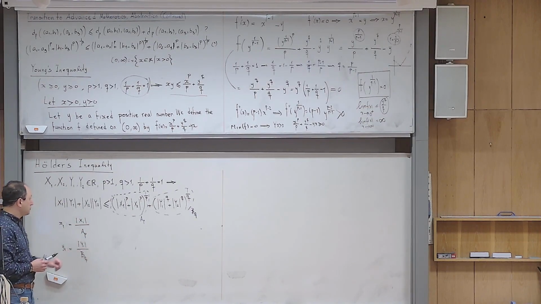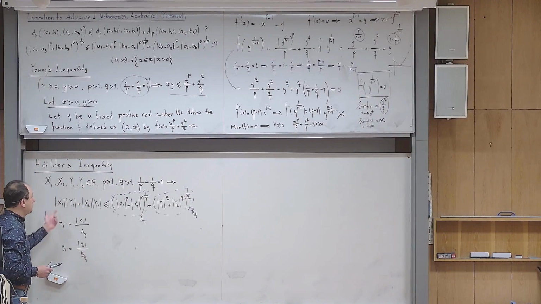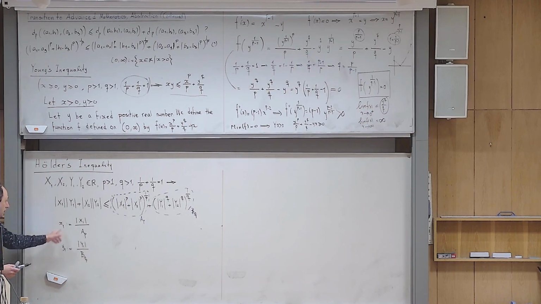So that was really crucial to start with this sentence that we separate the problem into two different parts. If they are simultaneously 0, it is guaranteed to be true, and if they are not simultaneously 0, this is the argument.